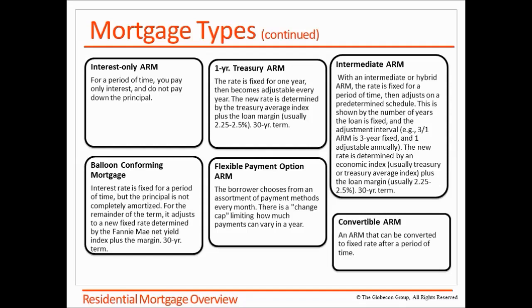Another loan type is the 1-year Treasury ARM, and this is a fixed rate for 1 year and then becomes adjustable every year. The new rate is determined by the Treasury Index plus a loan margin, usually 2.25% to 2.5% for a 30-year term. Anytime we have an ARM loan, that means that it's going to be fixed for a period and then it's going to be adjustable after that.